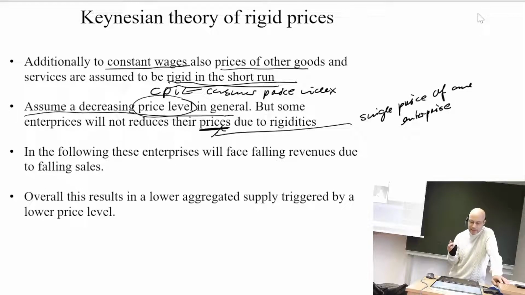So what does this mean now? This means now that they do not reduce their prices, but we have a general reduction in the price level in our economy. And this would then mean, since I am too expensive now, because I want to sell still for the higher prices, that my revenues are falling.